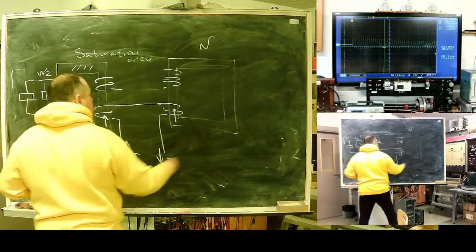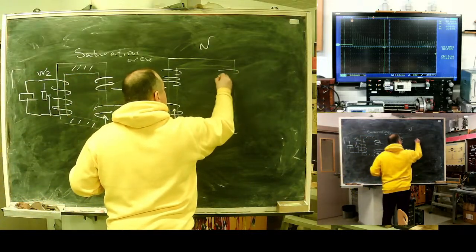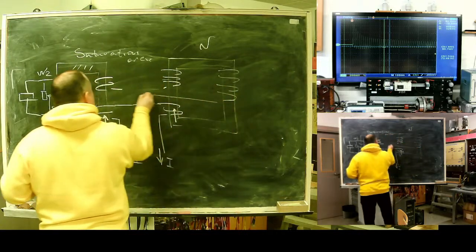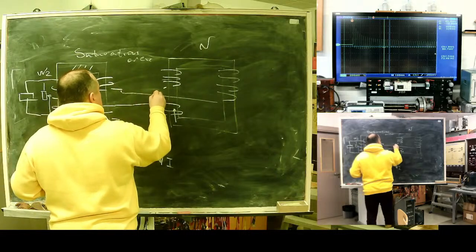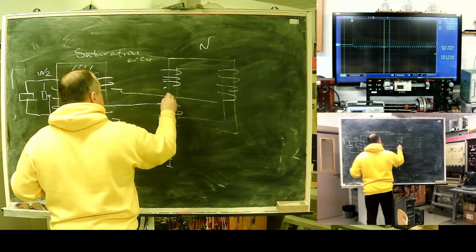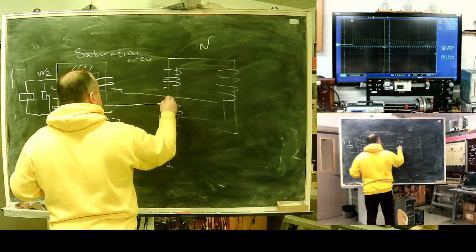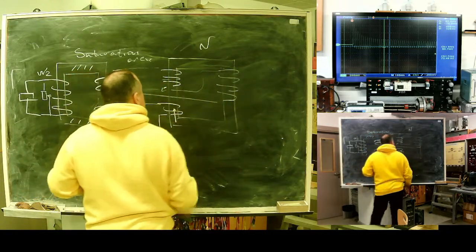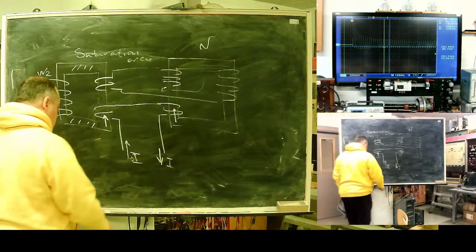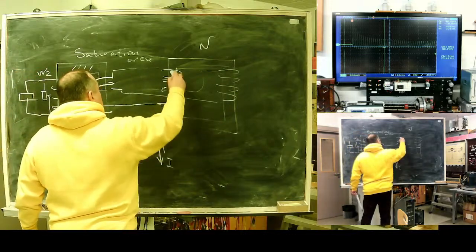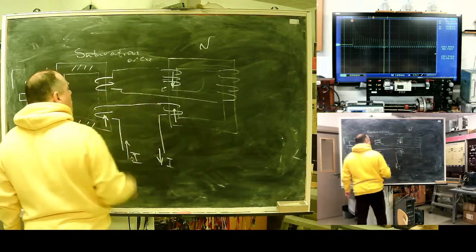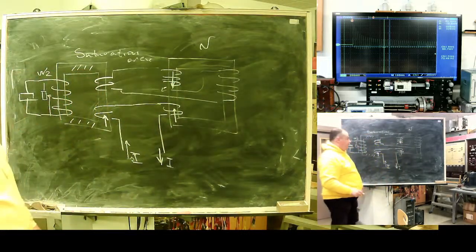Okay, for simplicity, I have binding here, here, and something like this. Interesting is this flux. It's from current in the loop.